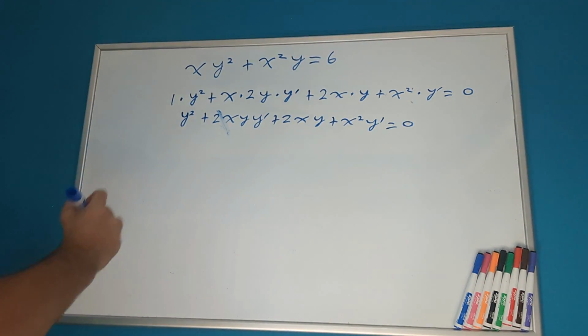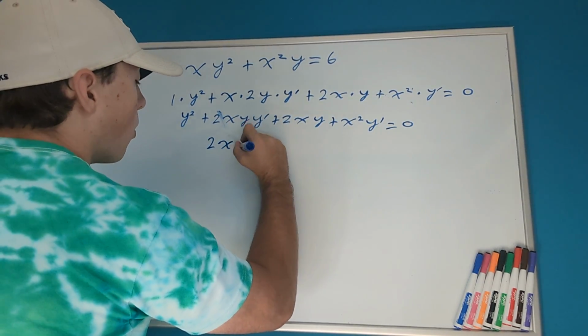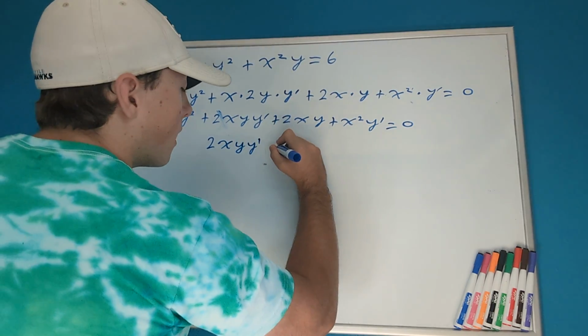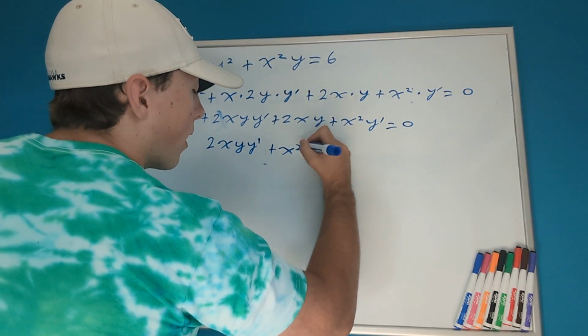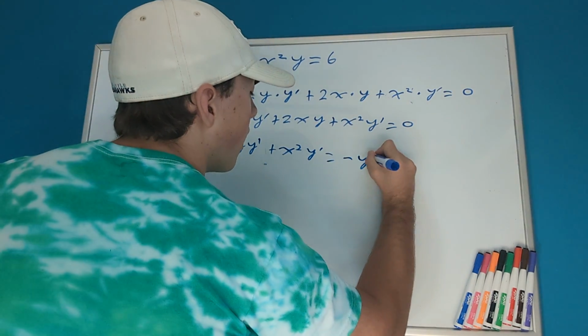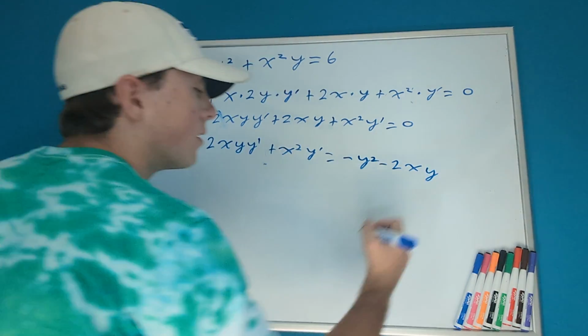So what we end up with is 2xy y prime plus x squared y prime equals negative y squared minus 2xy.